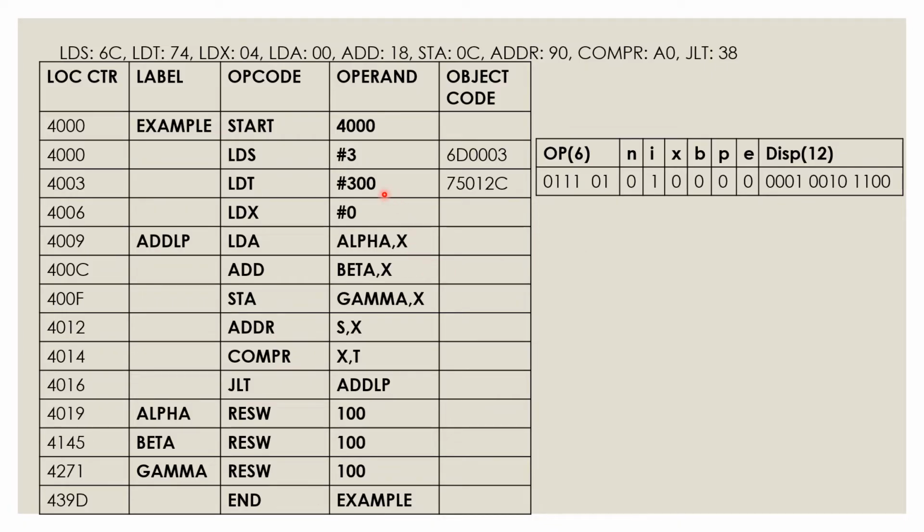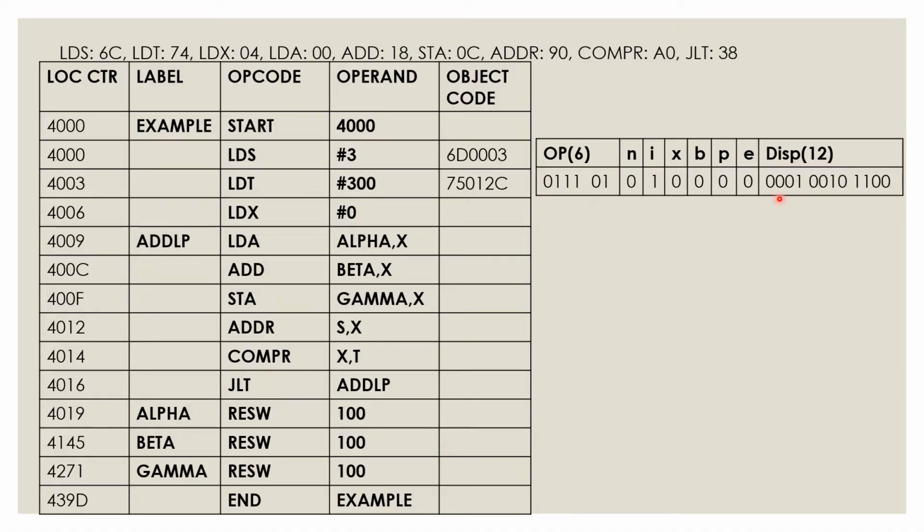Here the operand is the direct value #300, so there is no address for 300. It will act as the displacement value, and 300 is in decimal form, so we should convert it into hexadecimal. We get 12C.